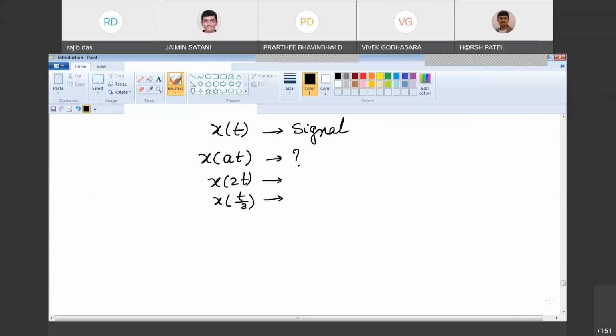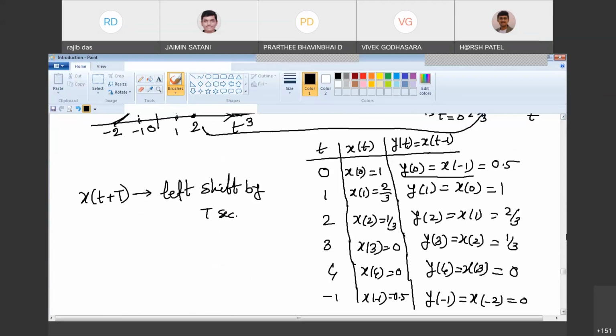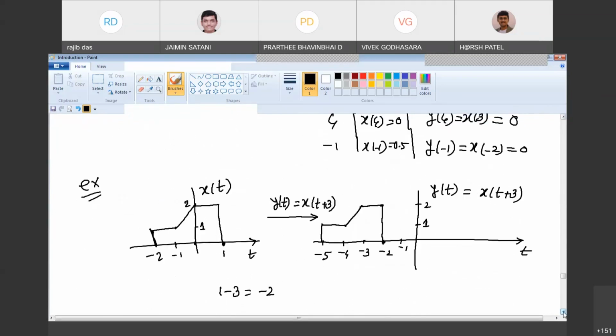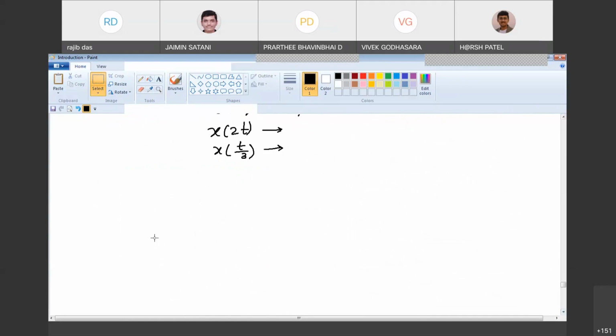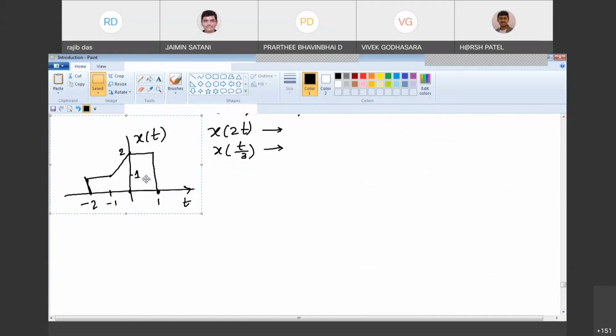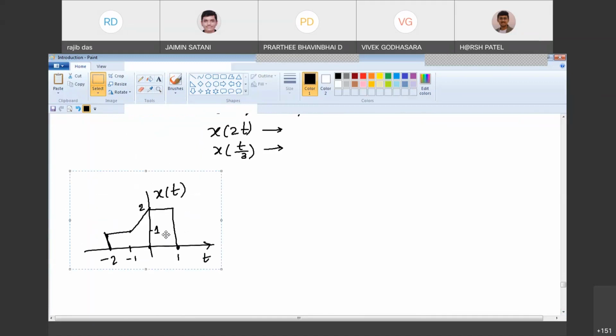Now you see what I can do. I'll take one example again, then it will be clear. I'll take the same example. So this is the signal, same signal.